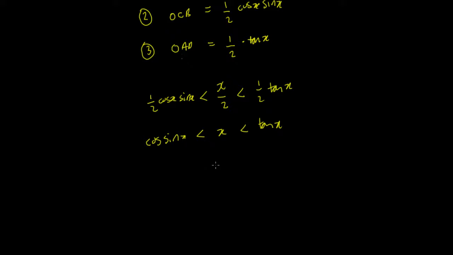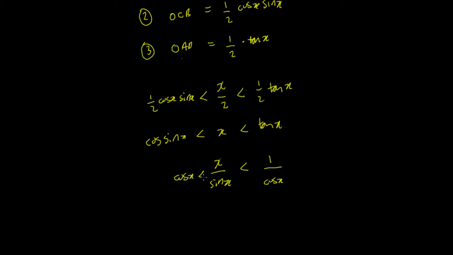Now we can divide throughout by sin x, so you have x upon sin x is greater than cos x, and tan x upon sin x, you'll just be left with 1 upon cos x.